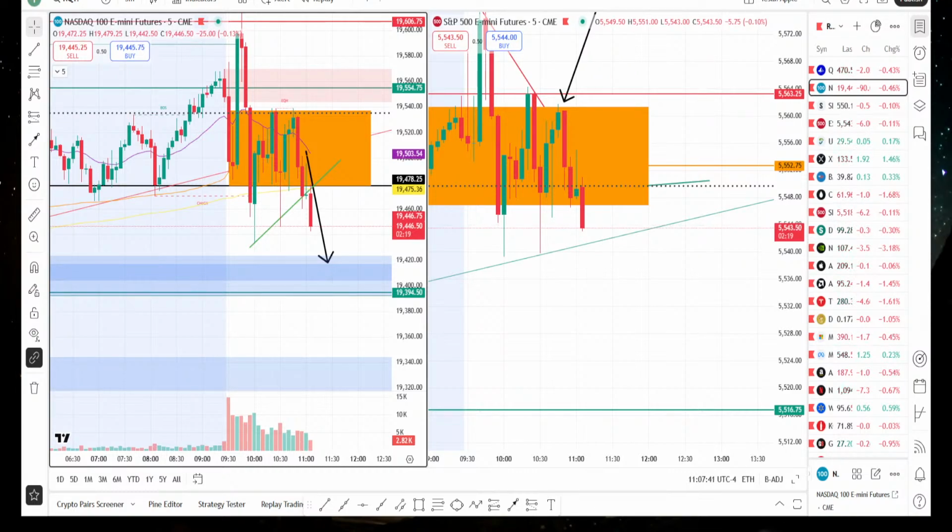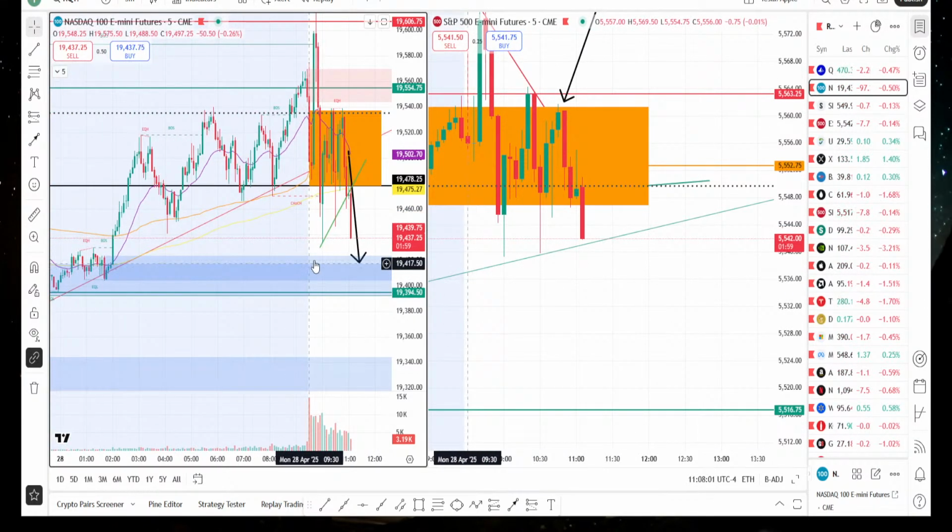That's all we need, just one good move. That's enough to pay the bills. We're almost reaching that demand zone here.